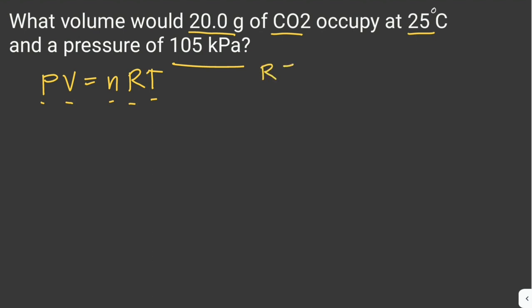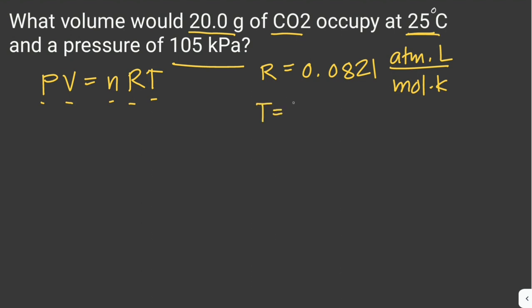So the value of our ideal gas constant that we're going to use is 0.0821 atm liter per mole Kelvin. So we just have to convert everything. Our pressure should be in atmospheres, and our temperature should be in Kelvin.